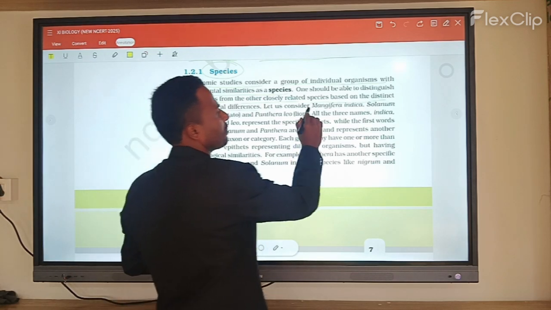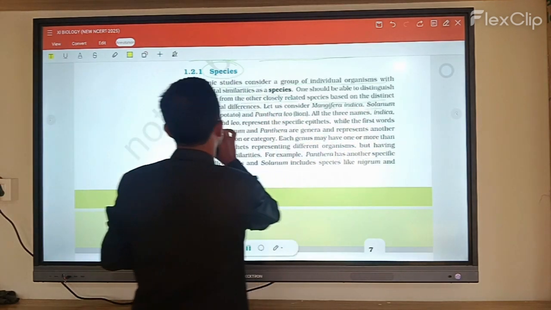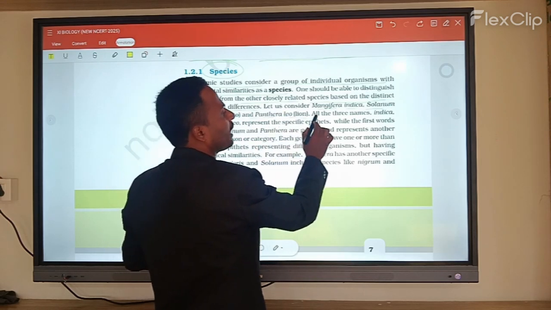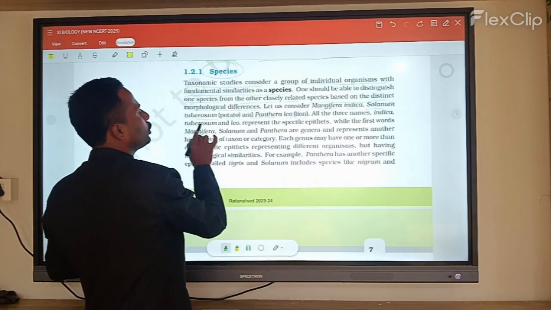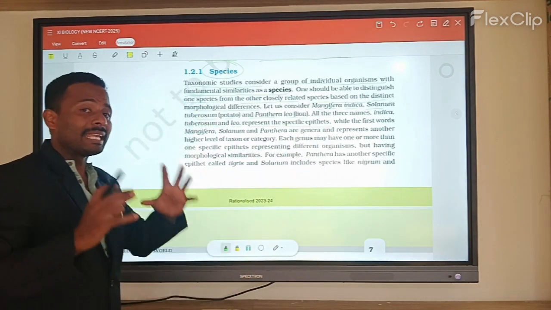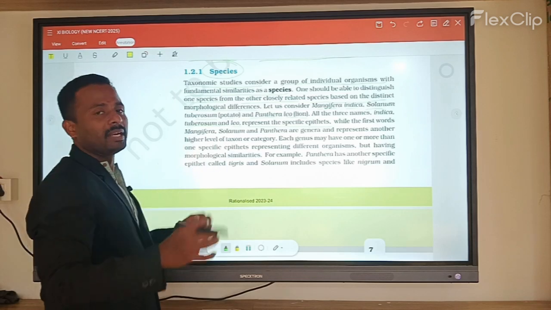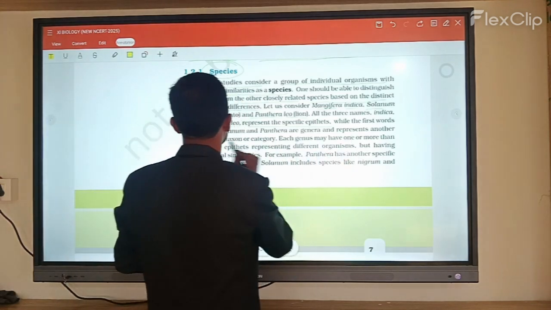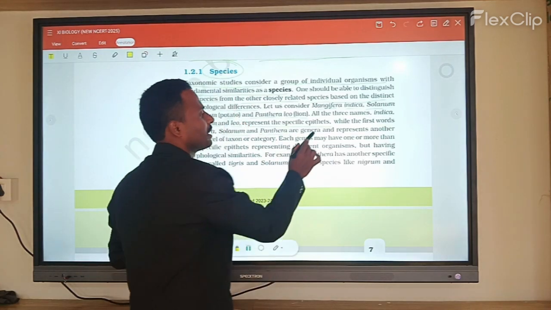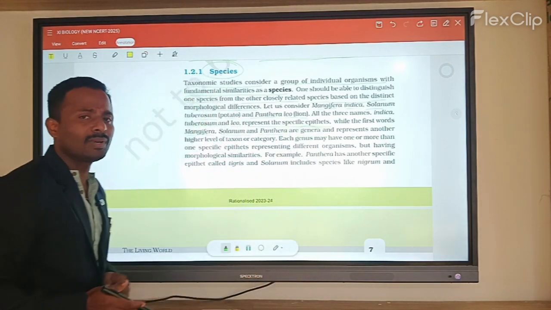Here let us consider Mangifera indica, Solanum tuberosum (potato) and Panthera leo. In all these names, indica, tuberosum and leo represent specific epithets. So each and every specific epithet gets separated. While the first words, Mangifera, Solanum and Panthera, what are these called? These are called genera.